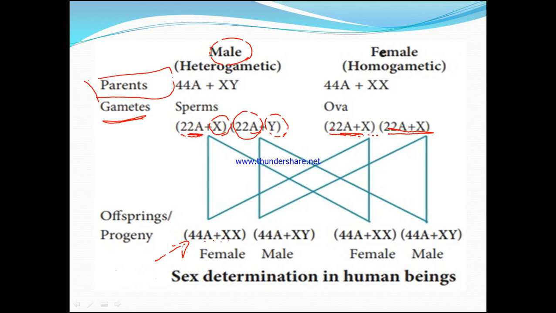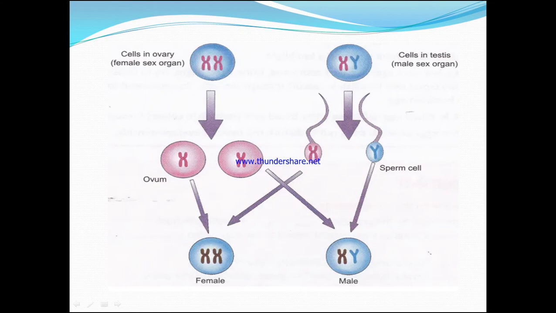So the only gamete that is responsible for determination of the sex of the offspring is the sperm, because we have two probabilities: probability number 1 is 22 plus X, and probability number 2 is 22 plus Y. So the sperm, or the paternal male, is responsible for determination of the offspring.